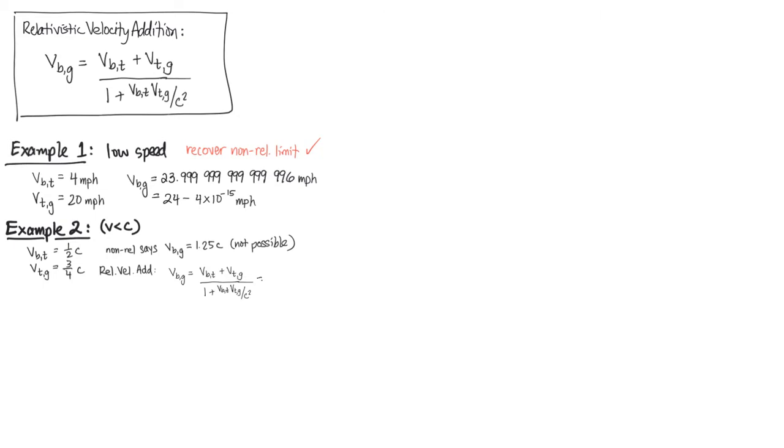Well, we know, in fact, the numerator is going to be that 1.25 c, but I'll just write this out fully step by step. So we have half c plus 3/4 c divided by 1 plus half c times 3/4 c divided by c squared. So the c's are going to cancel in the denominator.